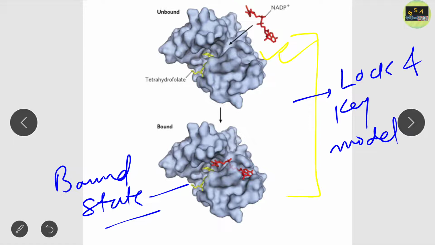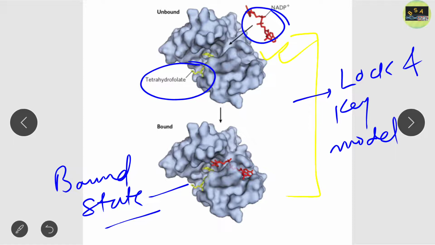It explains the high degree of complementarity between the shape of the substrate and the enzyme's active site. This model was given by Emil Fischer.